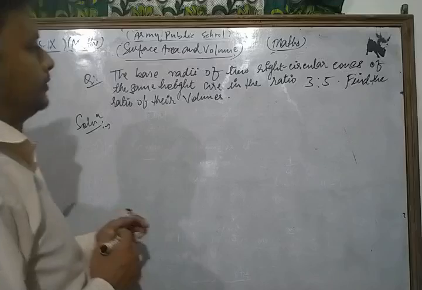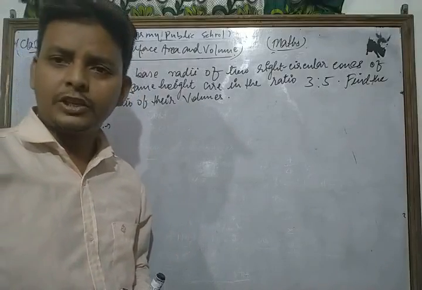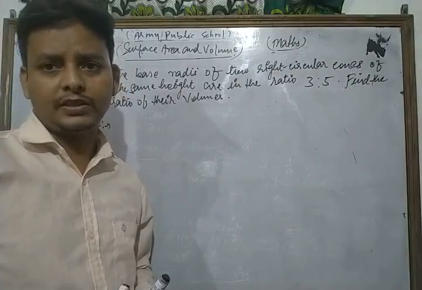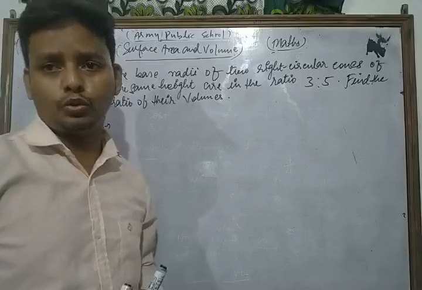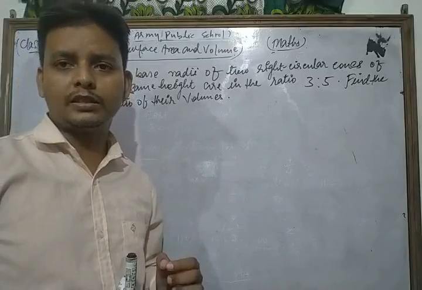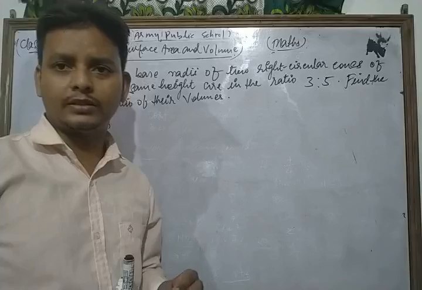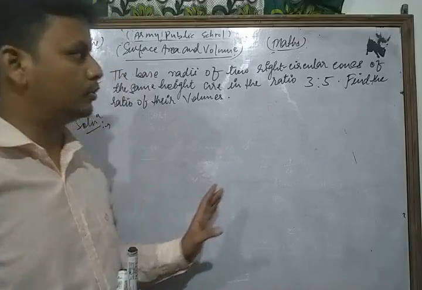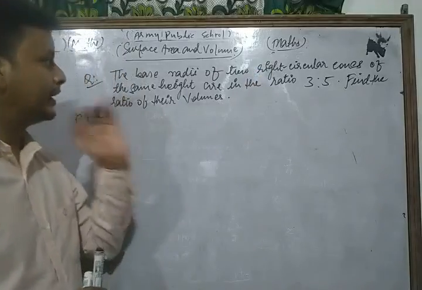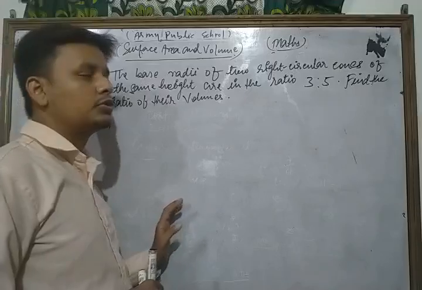This is also a very important question related to your chapter, volume and surface area, based on cones. We already discussed all the important formulas related to each and every shape of solids like cone, cylinder, sphere, cube and cuboid. So let's see its solution, dear students. Here the base radii of two right circular cones of the same height are in this ratio.